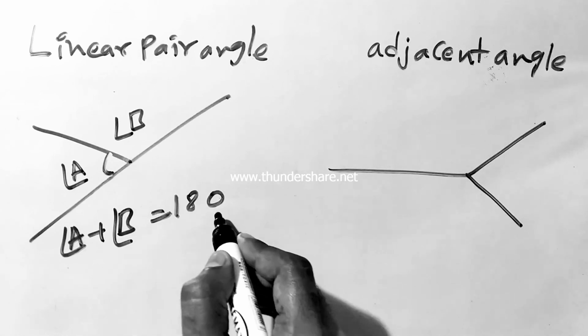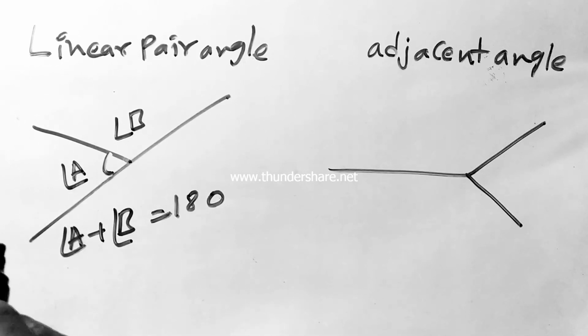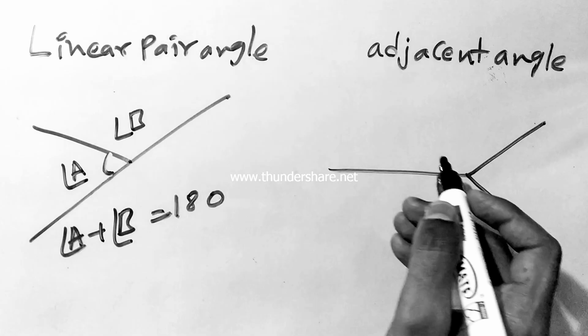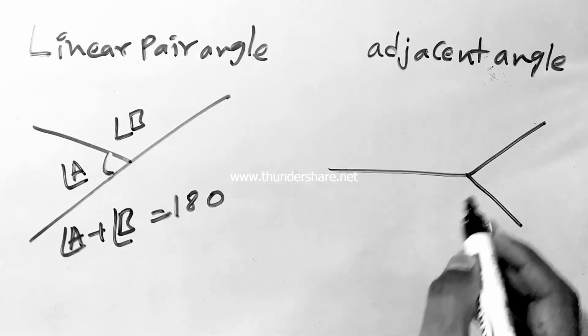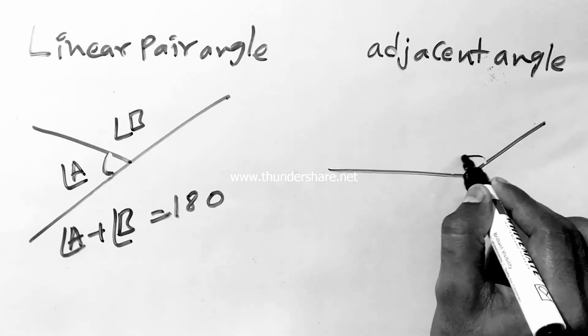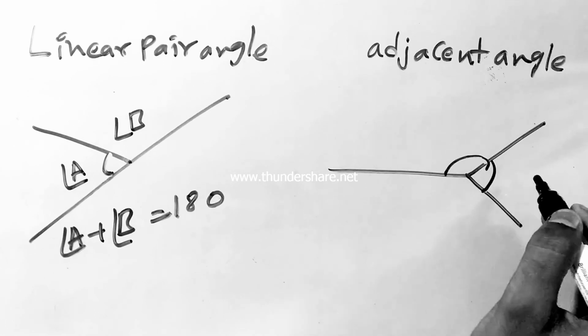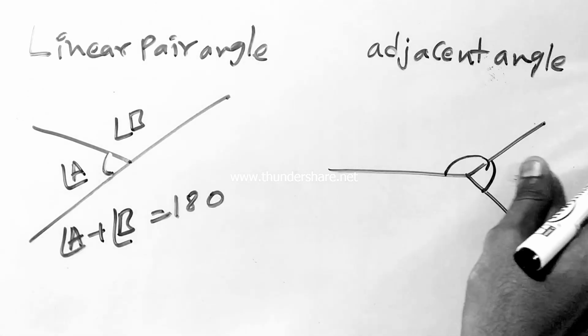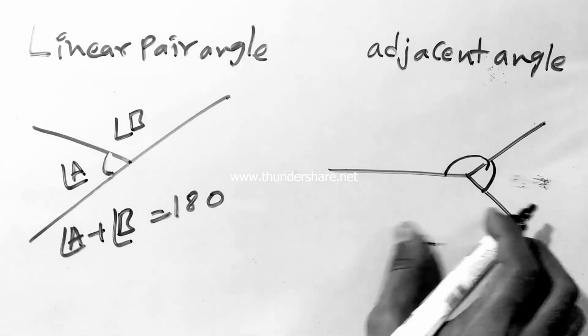So here we get that a linear pair of angles is equal to supplementary angles. All linear pairs of angles are supplementary angles. When we come to adjacent angles, here the adjacent angles are not necessarily equal to 180. They may be greater than 180.